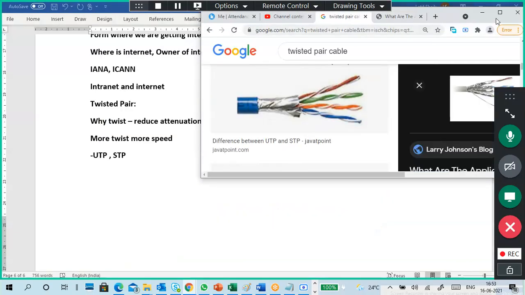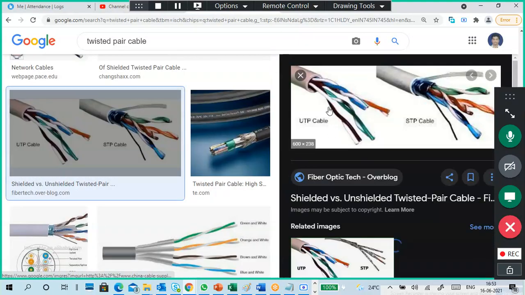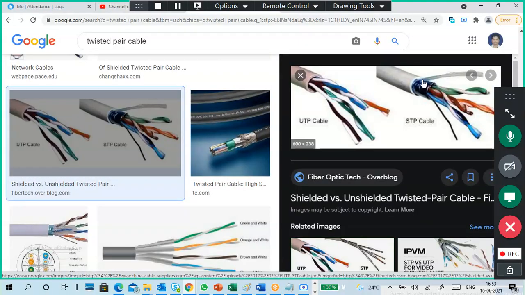So UTP has no shielding, STP has shielding. Why shielding? It protects from electromagnetic interference and gives strength to the cable.